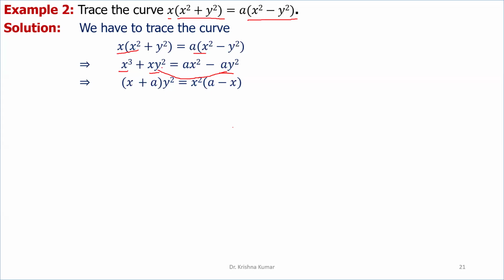So x plus a and y square is common, and we can take x square common on the other side and a minus x, which gives us y square is equal to x square into (a minus x) divided by (x plus a). Let us give it equation number 1.